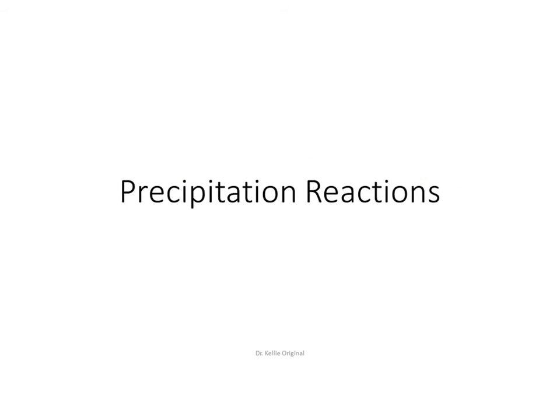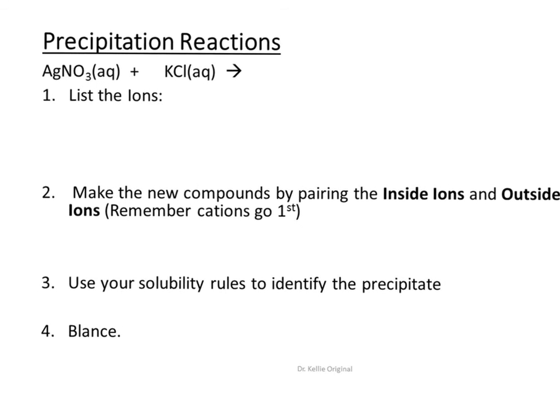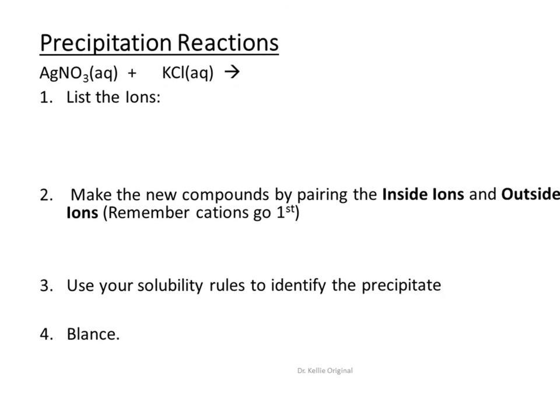All right, let's kick the reaction up a notch and use these solubility rules to determine the outcome of a reaction. Our goal here in this part of the lecture is for me to give you a reaction and for you to be able to tell me what the product is going to be.